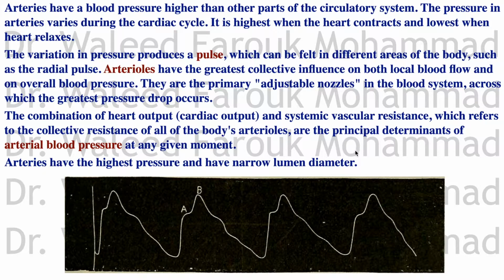This variation produces the pulse pressure, or the pulse, which can be felt in different areas of the body like the carotid, the radial, the posterior tibial, the dorsalis pedis artery. You will be asked about areas of feeling a pulse.